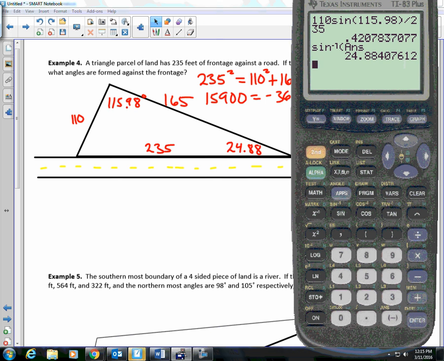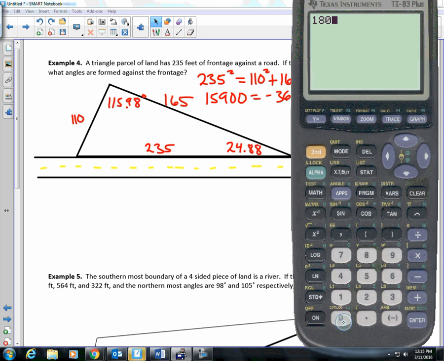How do I find the other angle? You guys are so smart. 39.14. That's it. So the question is, what are the angles formed against the frontage road? 39.14 and 24.88 degrees. That's it.